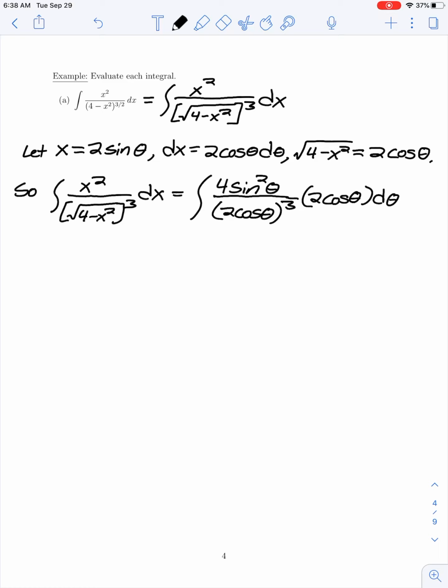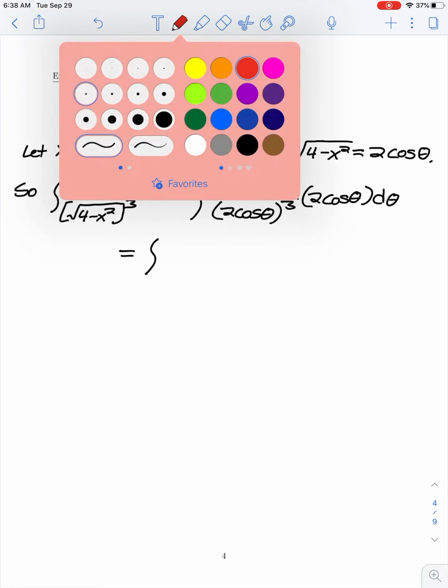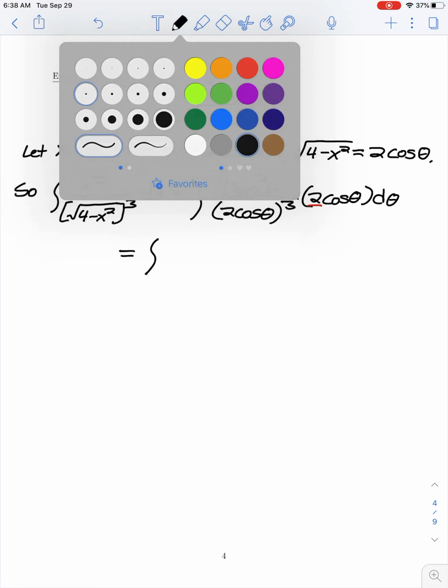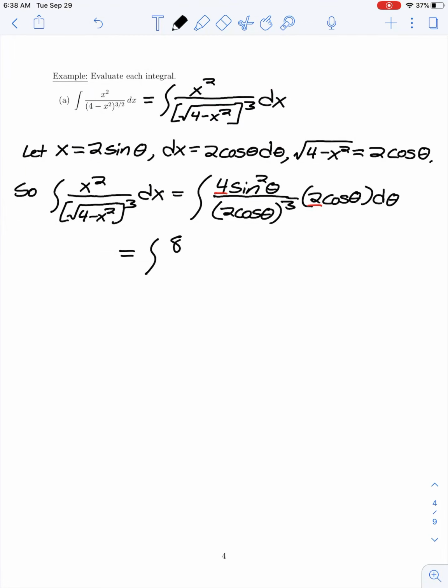So after we make this substitution, let's simplify a little bit. So grouping some of our constant terms, well, in the numerator, we have a 4 times 2, or 8, with our sine squared theta.